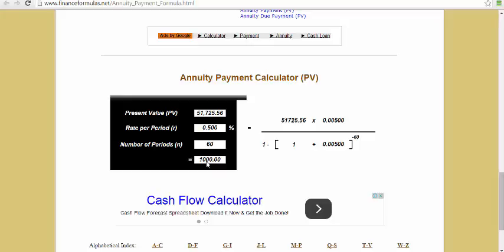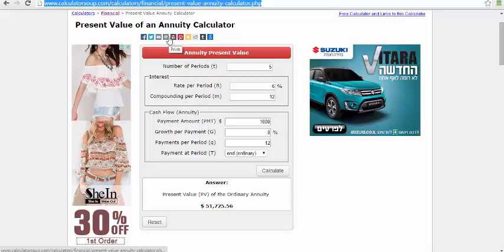This is how I calculated the annual payment. I used another website, which is calculatorsoup.com. The number of periods is 5 and interest rate is 6. The compounding per month is 12. The payment is 1000.